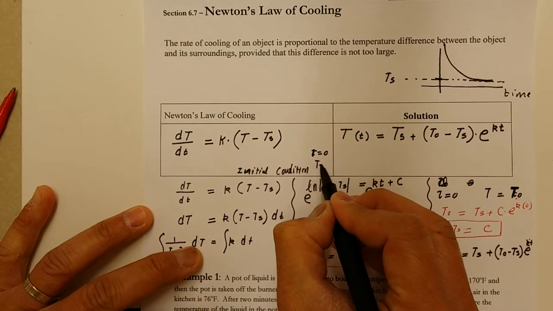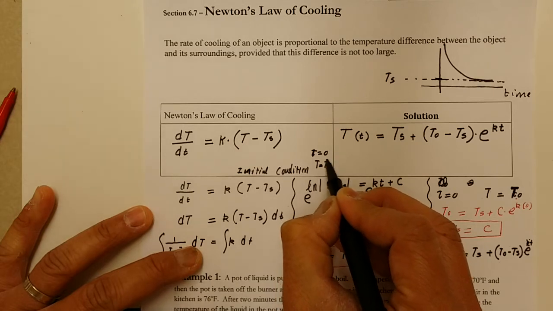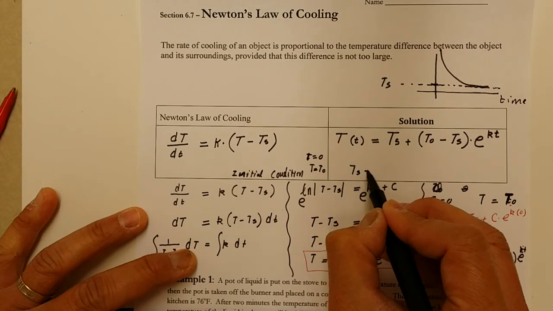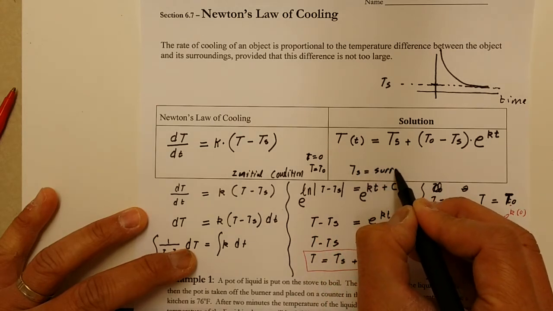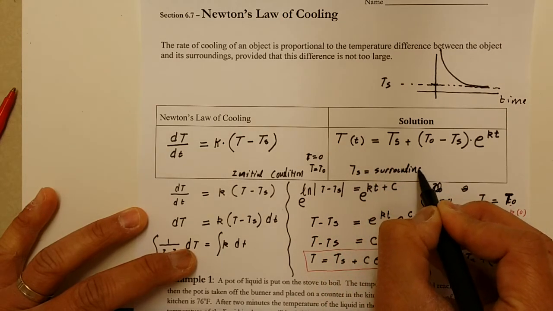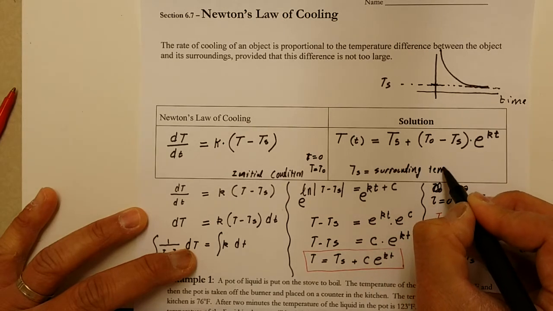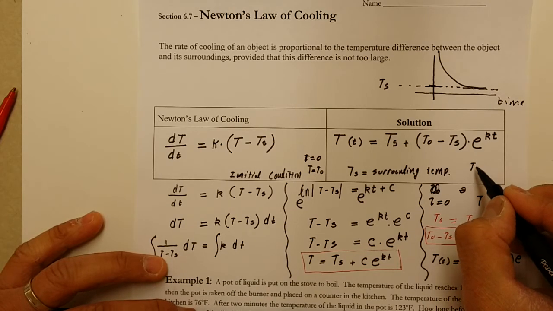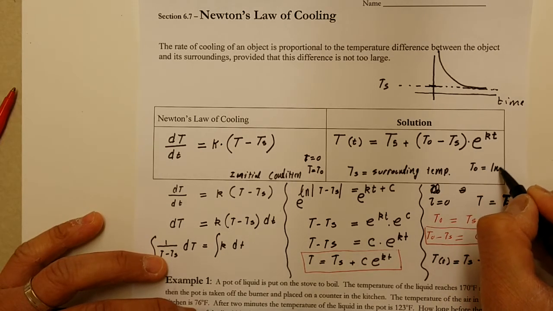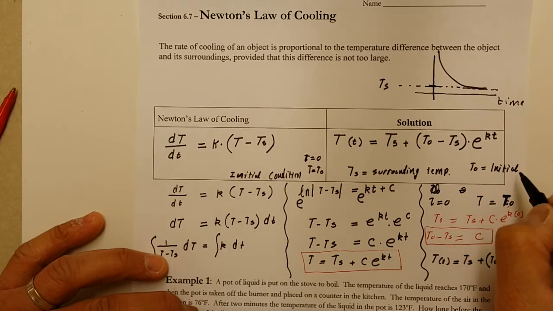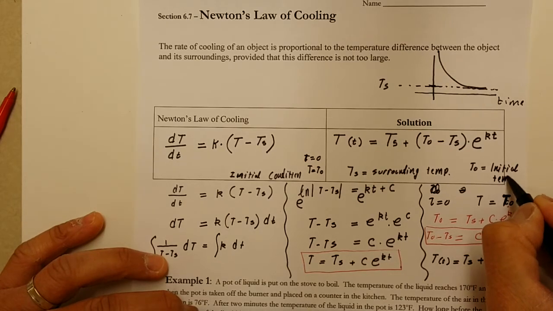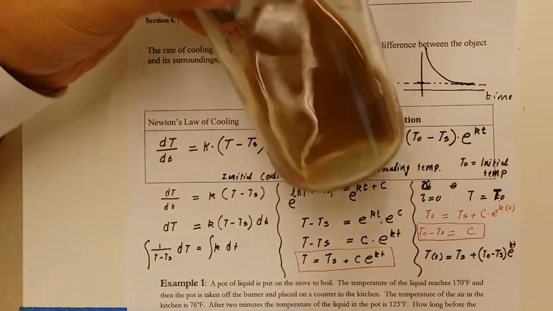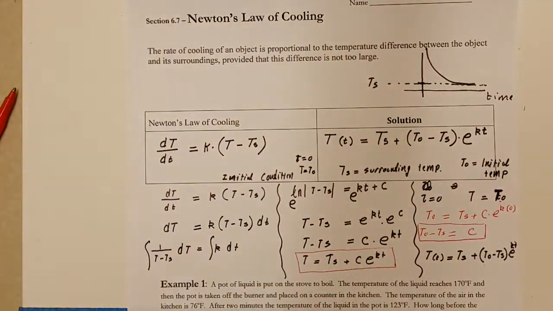T naught represents the initial temperature, and T sub s represents the surrounding temperature, which is the temperature that's currently present in the room. T naught represents the initial temperature, the temperature at which the perhaps cup of coffee is when it is first poured into this jar.